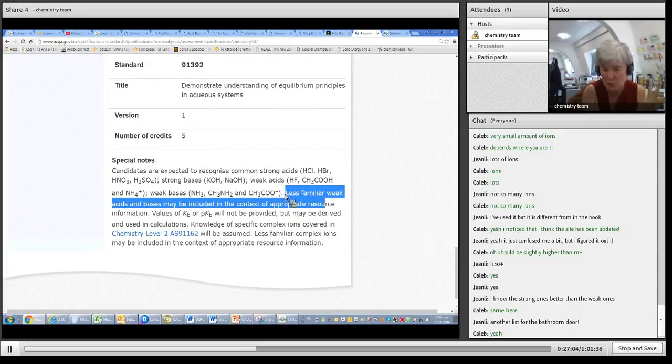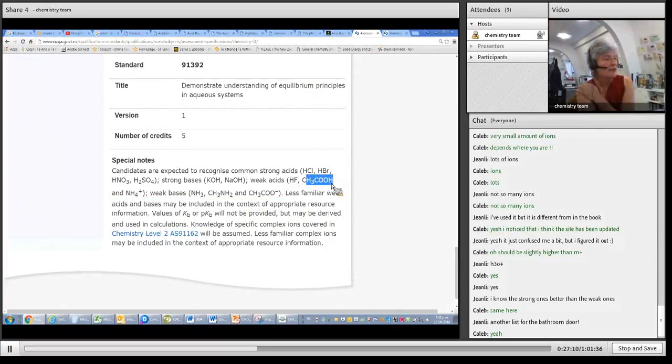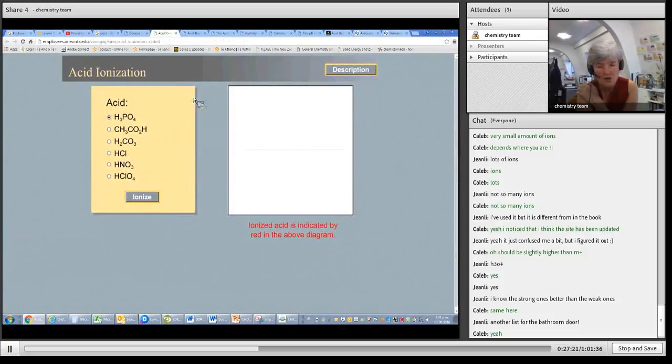Methanamine is organic, so it'll be weak. Okay. So if I now look at these, as I said, this one over here, perchlorate, is strong, and I'd have to tell you it's strong.